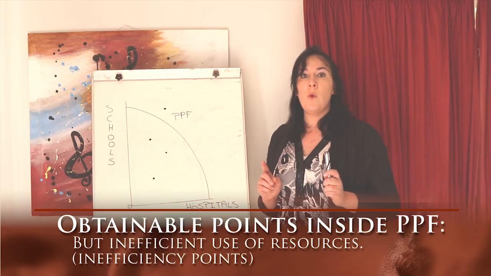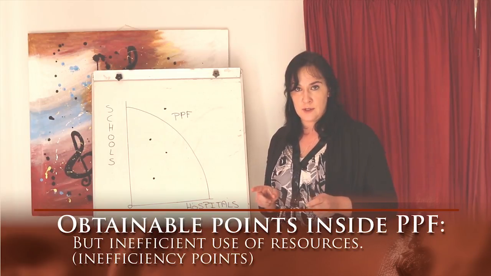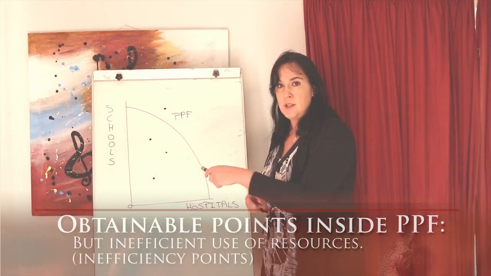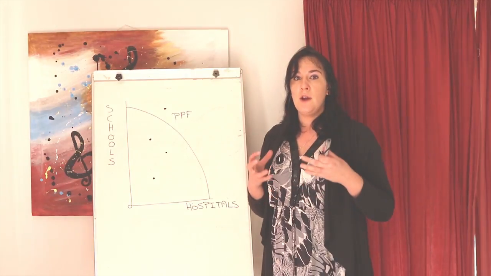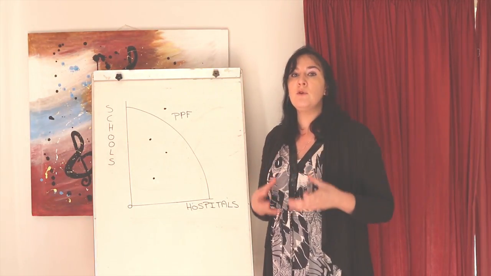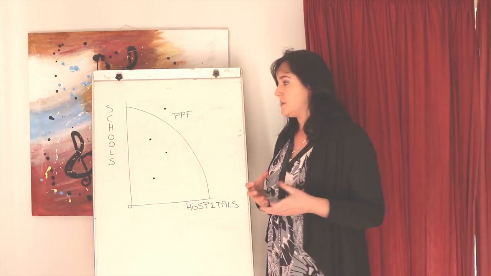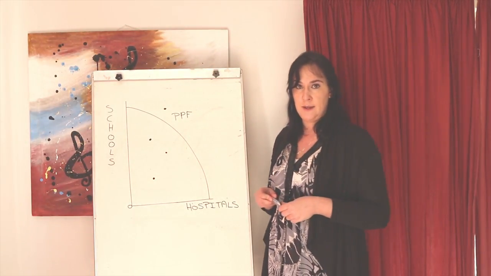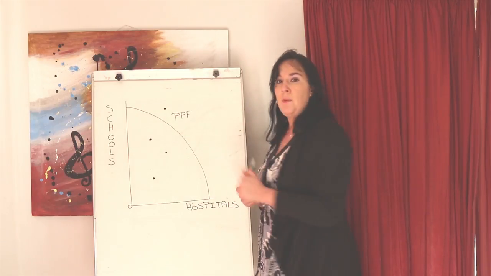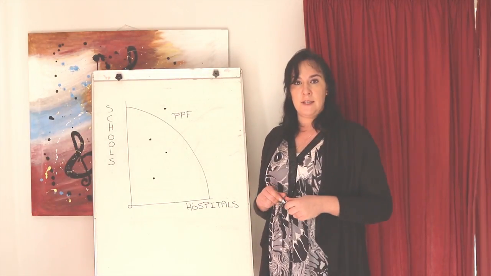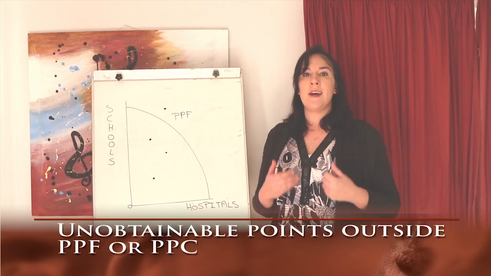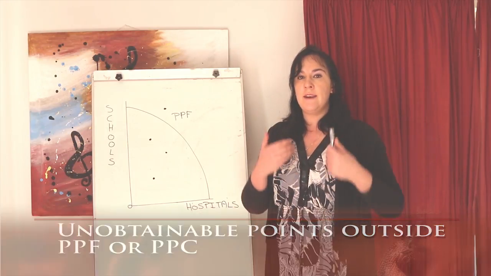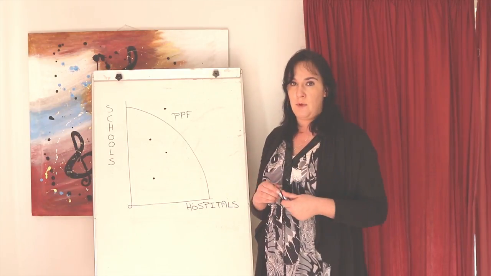But you are wasting resources at those points. You are not using your resources to their full potential. That is the problem with choosing any of those points. At this point, outside of the frontier, you do not yet have enough resources to reach that point.